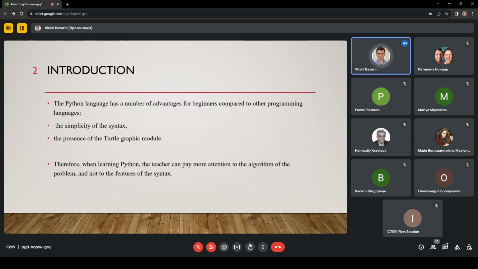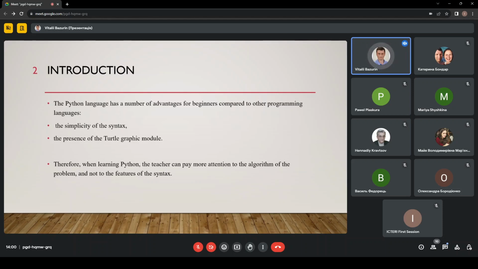At the first stage of learning programming, pupils create the simplest programs in the Scratch environment, and starting from the 7th grade, they begin learning the Python programming language. For a beginner programmer, learning Python is well-founded because of the relative simplicity of its syntax.